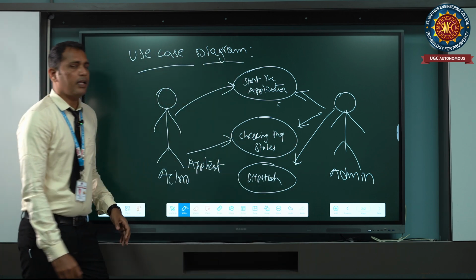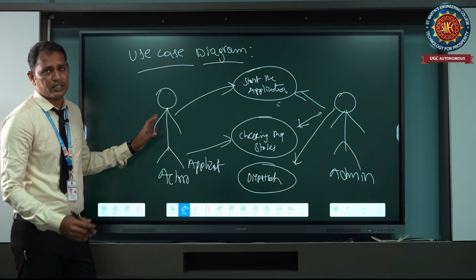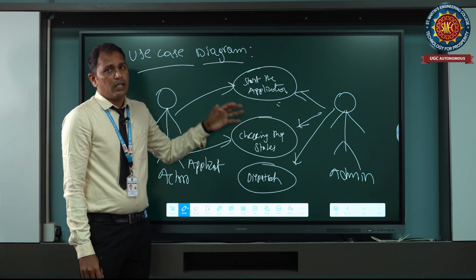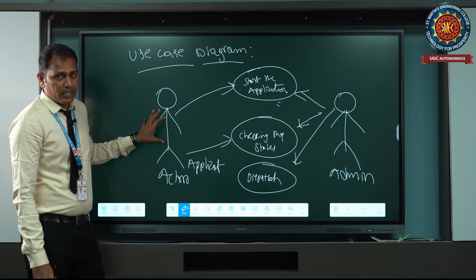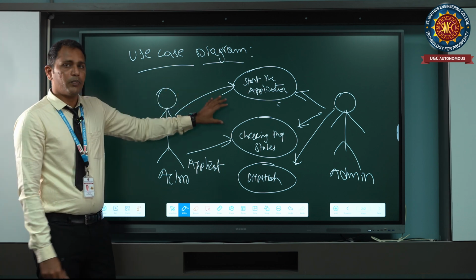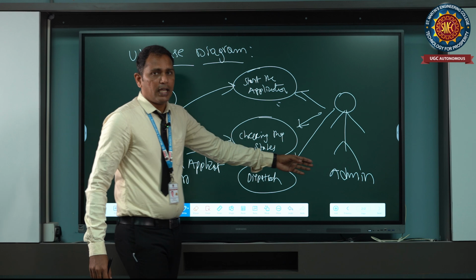These are the things mainly present in the use case diagram. First one is an actor representing the functionality, and this is the symbol that follows. In a passport authentication, for example, the actor is the applicant who applies for the passport, and after applying, he checks the status of the passport. Here is the admin.